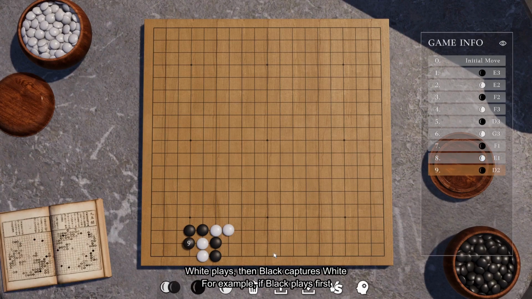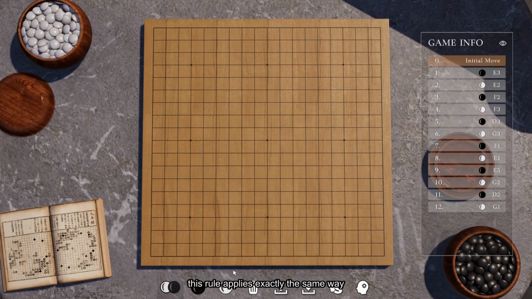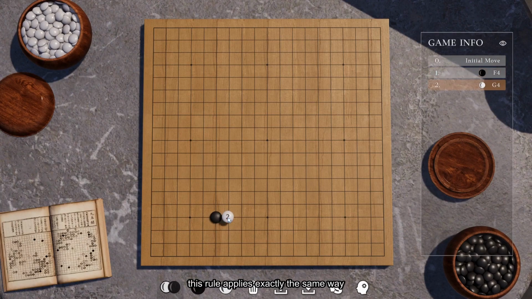For example, if black plays first, white plays, then black captures white. If white plays first in this area, then white will win. This is two liberties versus two liberties. Now, this rule applies exactly the same way.